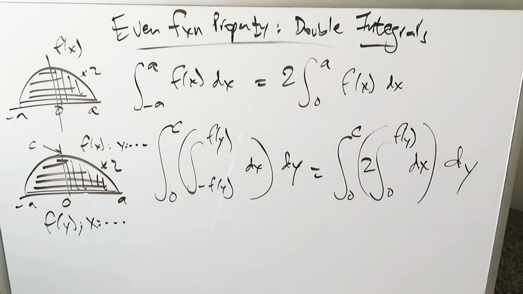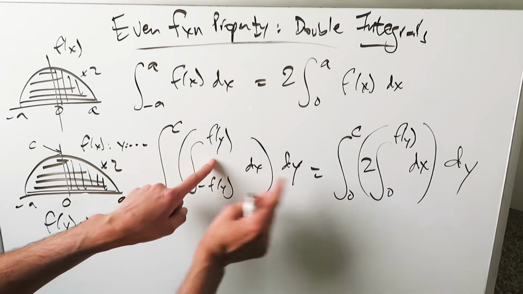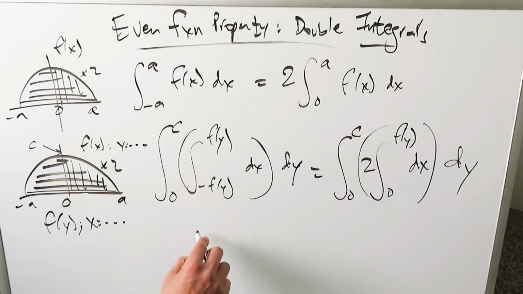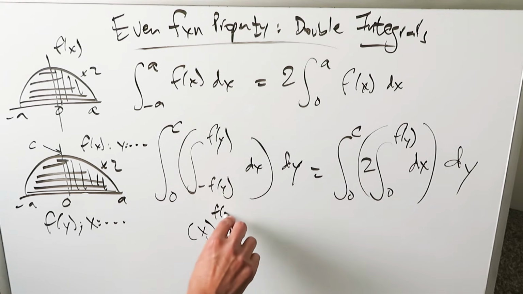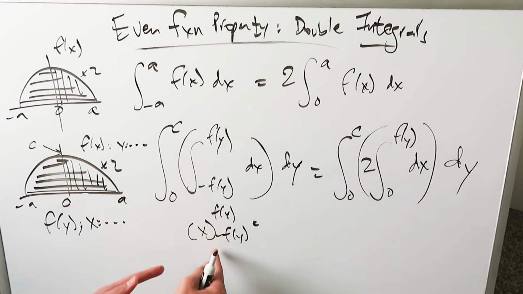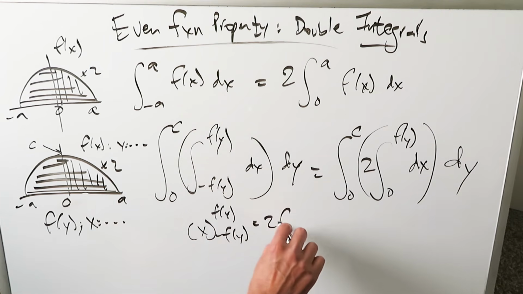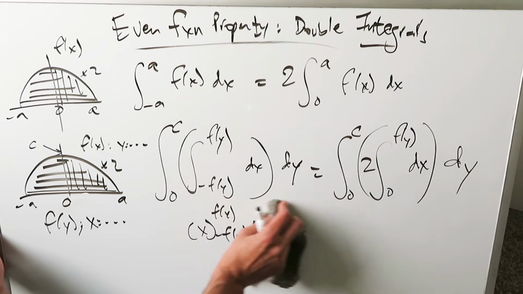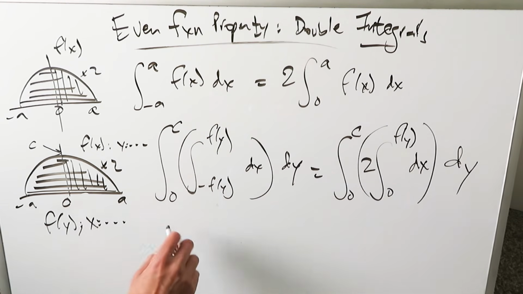You can easily compute this. I'll only compute this one side, the other side is exactly the same because this 2 can be pushed out right here. From here the antiderivative is x, you're doing f of y and minus f of y. You will be doing upper limit minus the lower limit, f of y minus minus f of y will be 2f of y. This 2f of y will now become the integrand of your dy integral, and you'll push the 2 out.